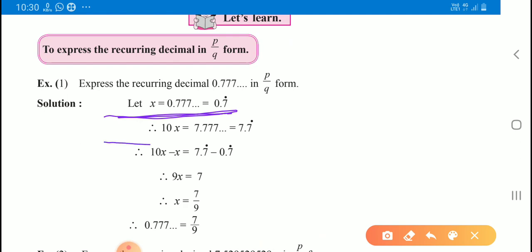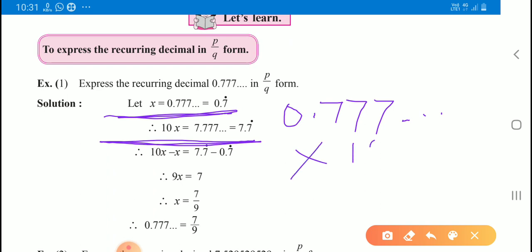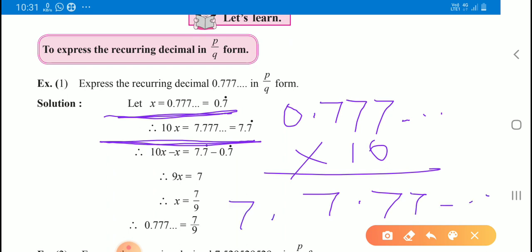Now if you multiply x by 10, then on the right side also you have to multiply by 10. So 0.777 and so on multiplied by 10, then you will get the answer 7.777 and so on, means 7.7 recurring.